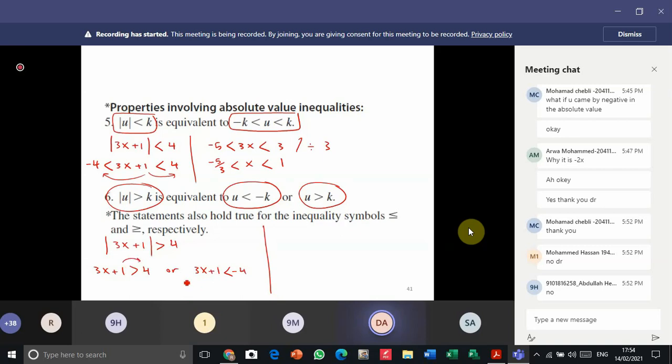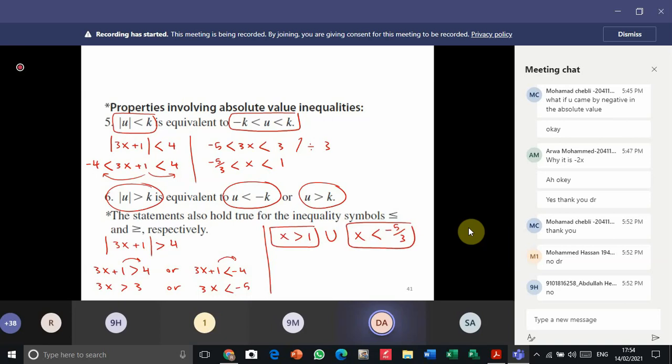Move the 1 to the other side, so we have 3x greater than 4 minus 1, which is 3, or 3x less than minus 5. By dividing by 3, we have x greater than 1 union x less than negative 5 over 3.